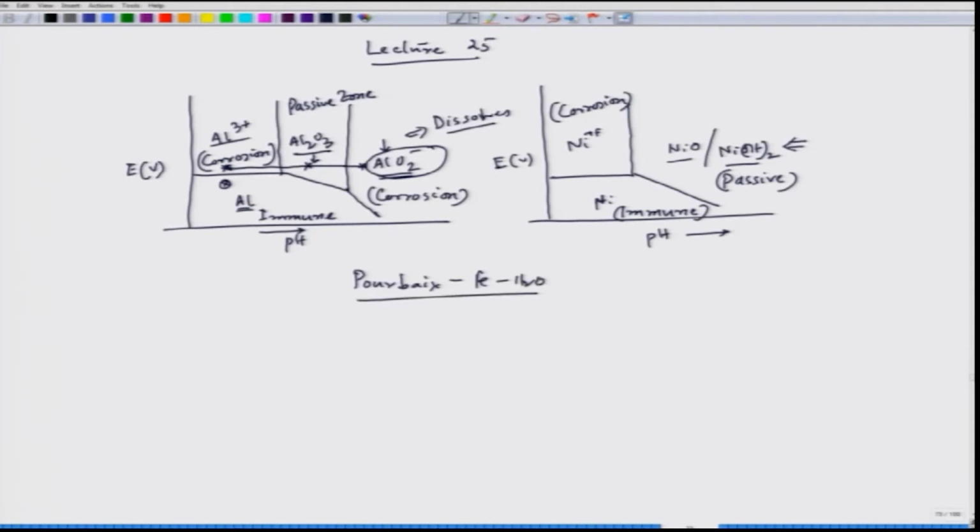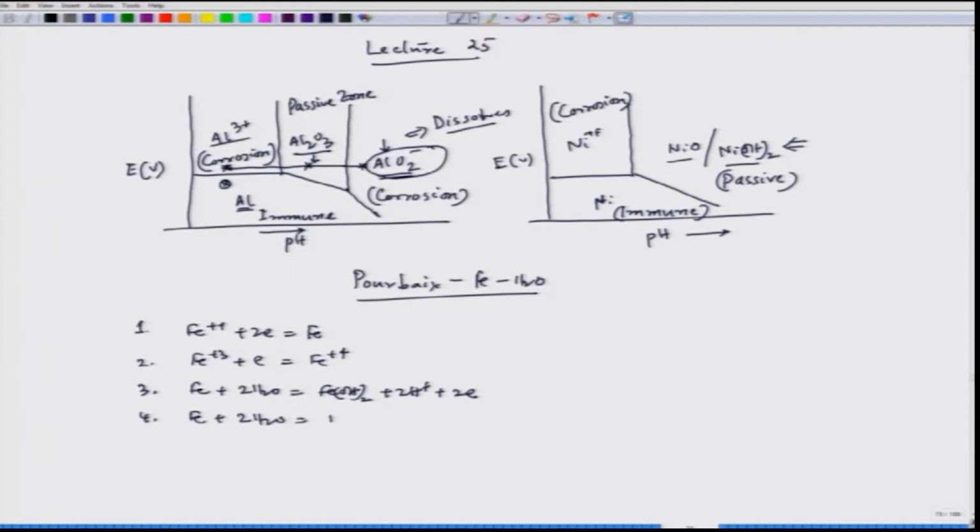Now, here also we can have several such reactions. This is one reaction, second Fe, third, fourth.